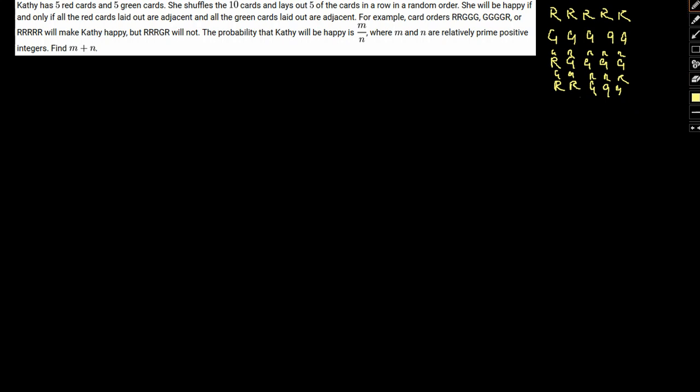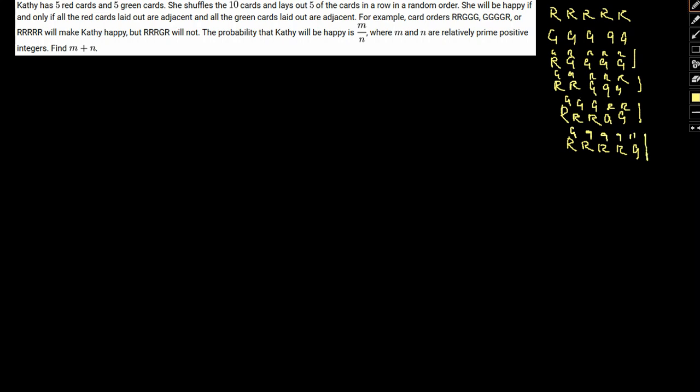So two cases. Subsequently, the order will differ, right? So another one would be red, red, red, green, green. So it will again be green, green, green, red, red. And the last would be red, red, red, red, green, or green, green, green, green, red.